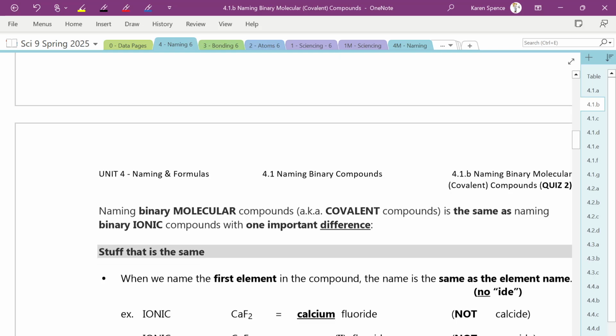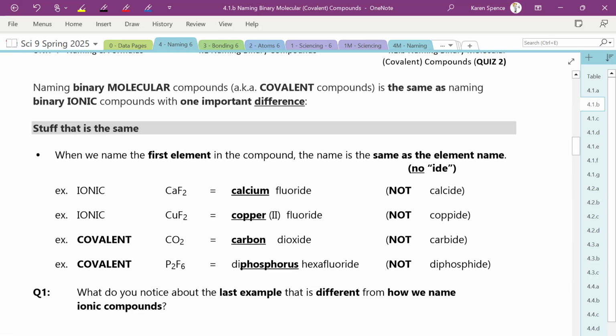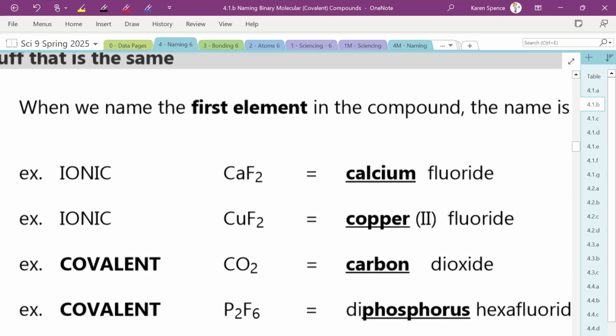Super similar to before. When we were naming ionic compounds, and remember, ionic is what kind of elements? Metal plus non-metal. And I'm going to put the metal first because the metal always comes first in the formula, okay?